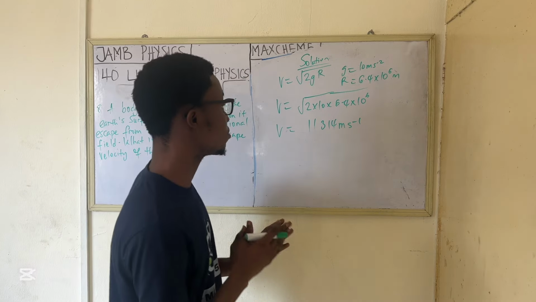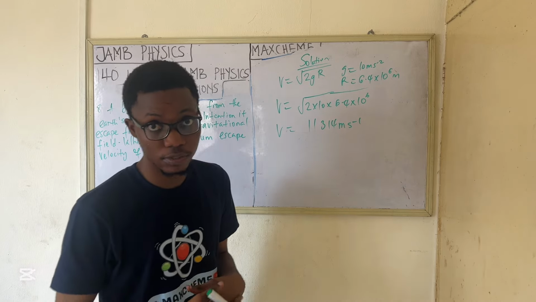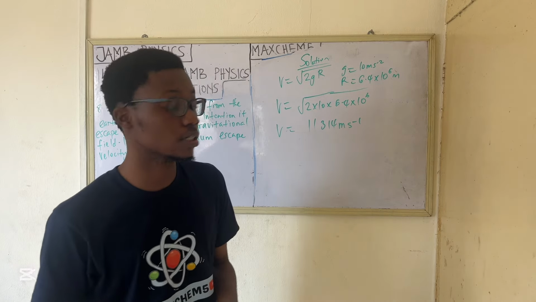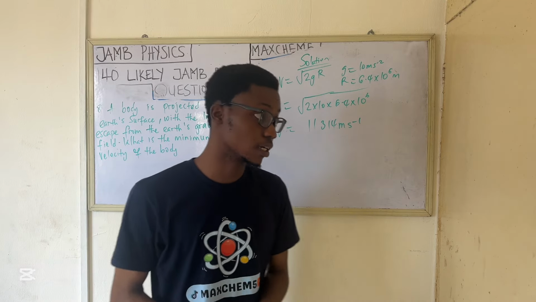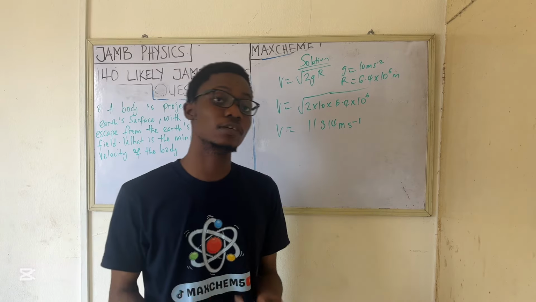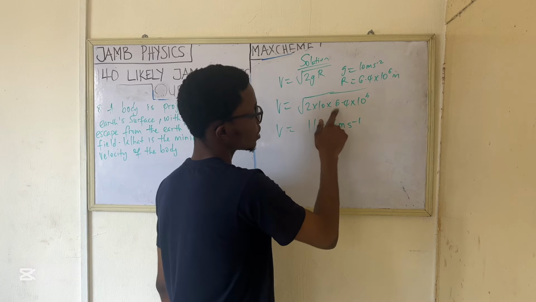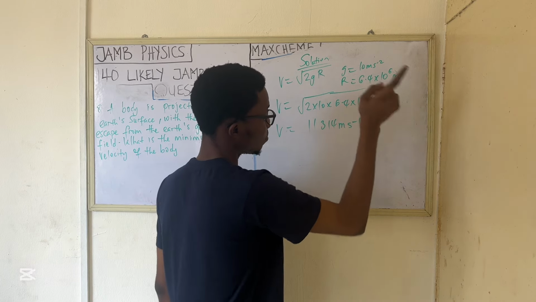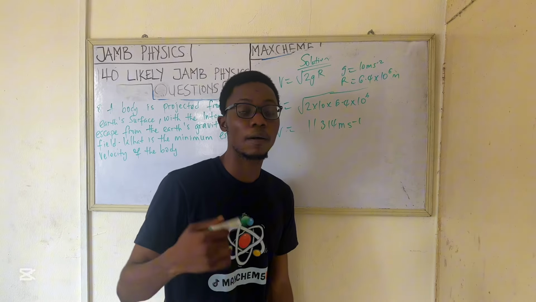Whenever you come across a question like this, in the question we're not given the radius of the Earth. It's a constant, so you have to know that the radius of the Earth is 6.4 times 10 raised to the power 6 meters, while acceleration due to gravity is 10 meters per second square. By the time you multiply 2 times 10 times 6.4 times 10 raised to the power 6, then look for the square root, it's giving 11,314 meter per second.